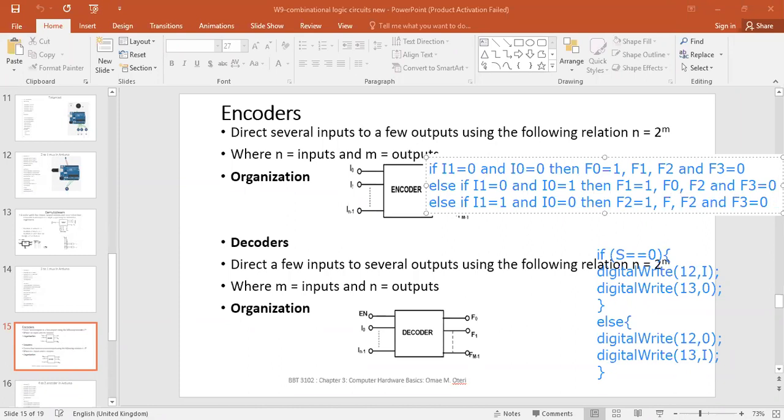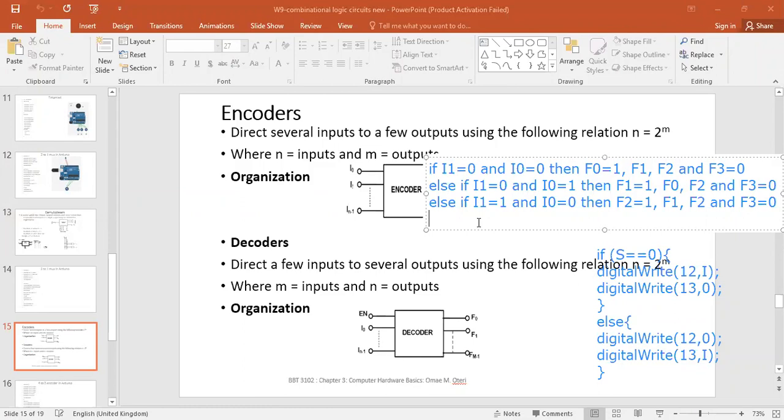So, which one do we put here? F1. F1, F2, and F3 are 0. That's correct. Then, who gives me the next statement? Based on that, you can actually be able to tell what comes next. Else, F3 is equal to 1. Else, it's correct.